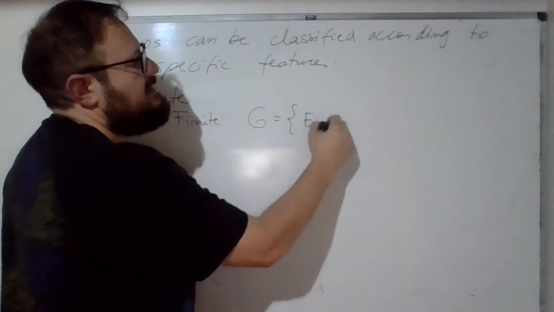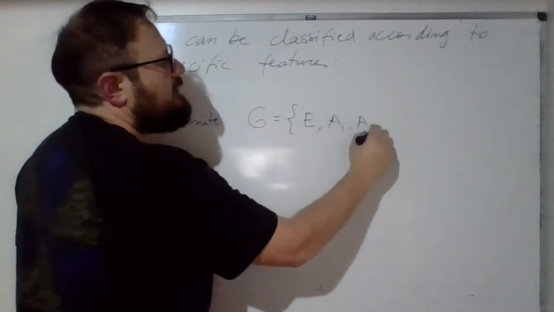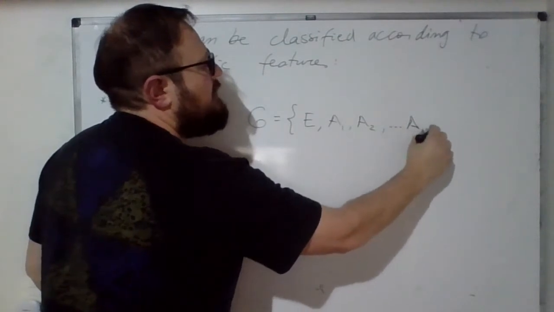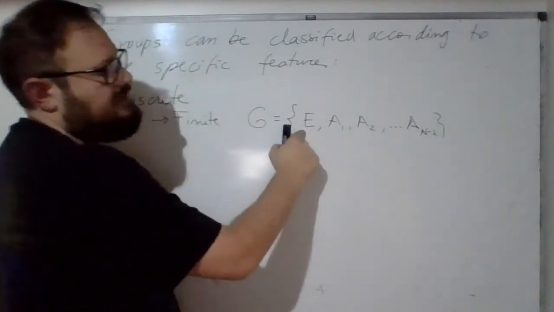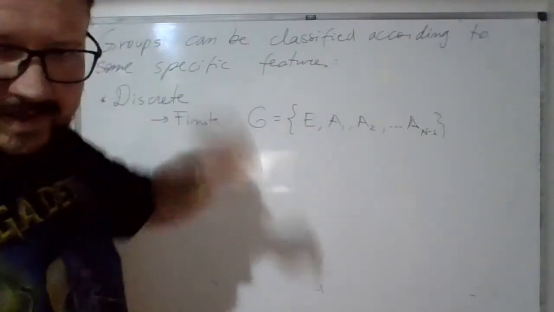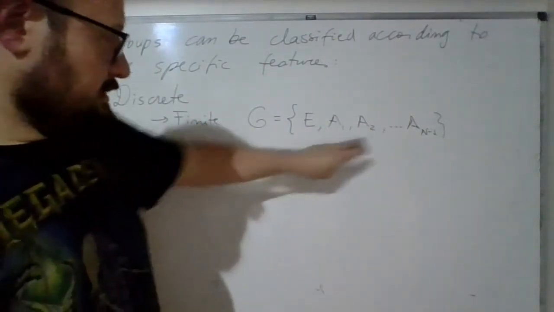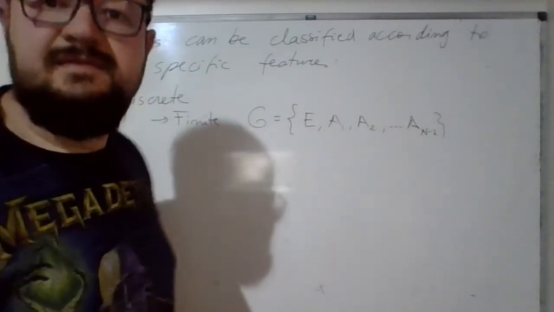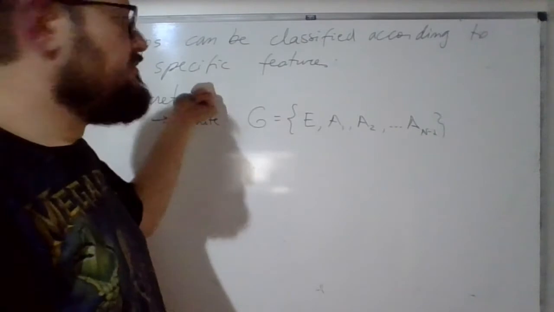So say E, A1, A2, up to A(n-1), because the identity is the A0 element here. Or you have a dimensionality of n, and this n is finite. So you have a finite discrete group.